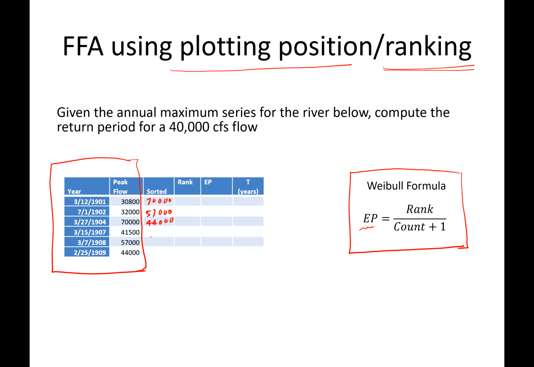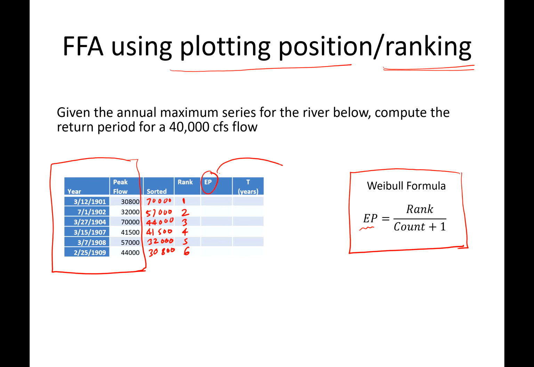After that will be 41,500. After that is 32,000, and then 30,800. So I sorted the data from maximum to minimum, and then we assign the rank. So basically rank highest is 1, 2, 3, 4, 5, 6, and then we calculate the exceedance probability.